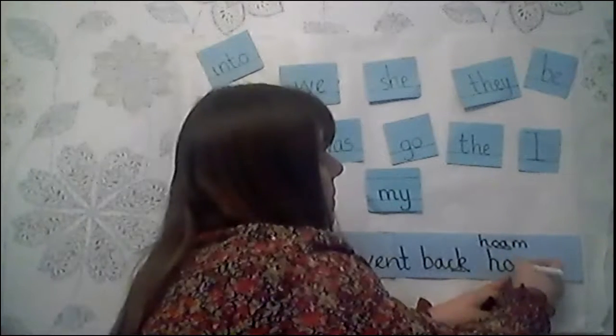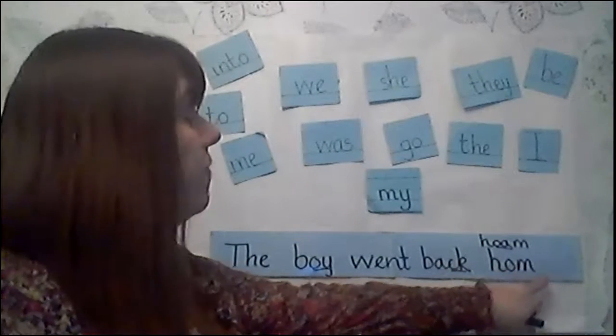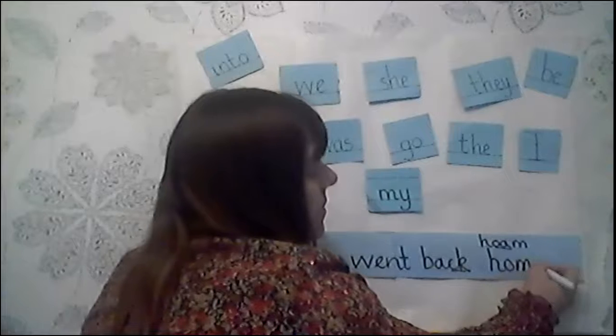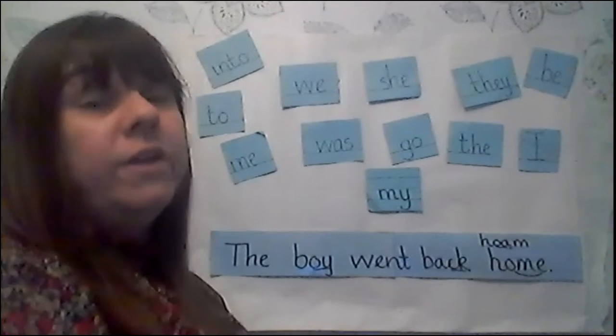O, and because it's a split digraph, we have an E at the end. We split the digraph. As I say, I will teach you a little bit more about that just at the end of reception when you're ready to go to year 1.